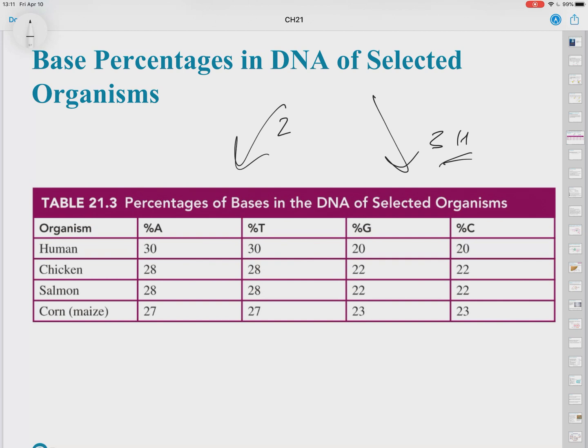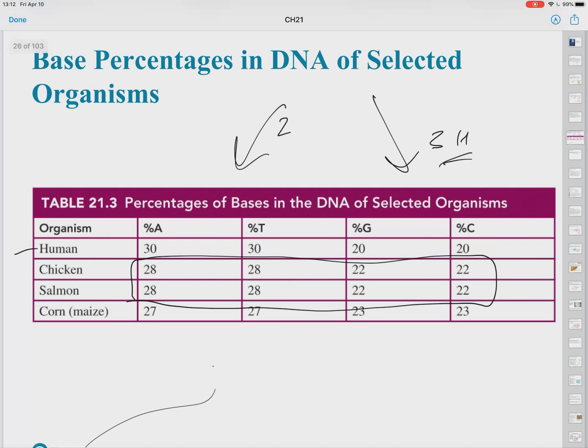But again, my point is, before we could sequence, we were just looking at what percentage of CG or AT an organism had and then comparing them. But you can see here that doesn't really tell us much. For example, chicken and salmon have roughly or exactly the same percentage of base pairs, but chicken and salmon are obviously very, very different.